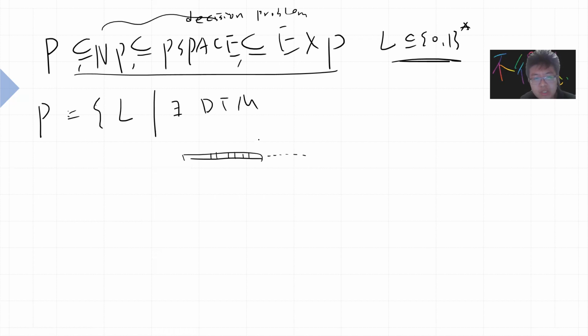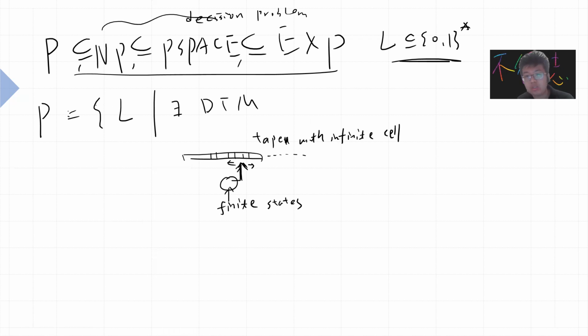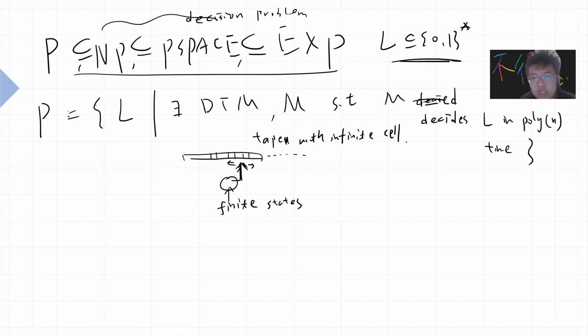Basically, there's a tape with infinite cells, and then there is a machine here, and this machine has a finite number of states, and this pointer can go left or right, change the states and write something. So there's a deterministic Turing machine M such that M decides L in polynomial n time, where n is the length of the input.